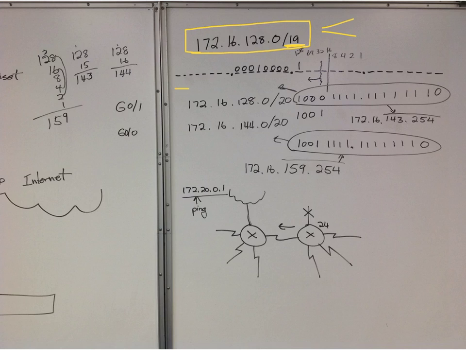So here, I wrote out the addresses, and here's where a /19 would be. 8, 8, 16, 17, 18, 19 bits. So you got to leave that part of the address. Okay, the 128 gave us a 1 right there.